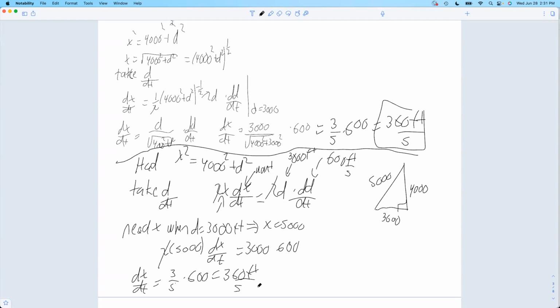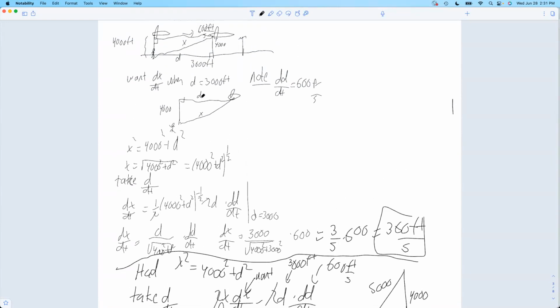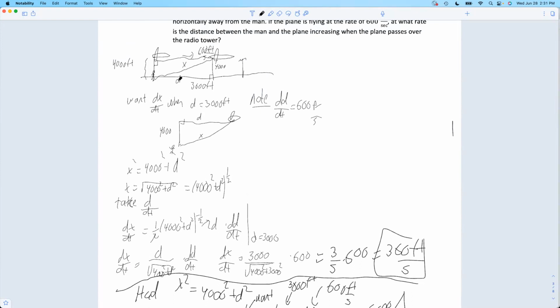Here's a third way. And honestly, I think this might be more work, but what we could have done right at the beginning is think about this distance here and write that as a function of time. We could actually write out d.